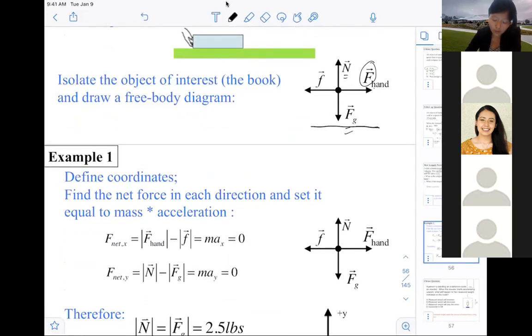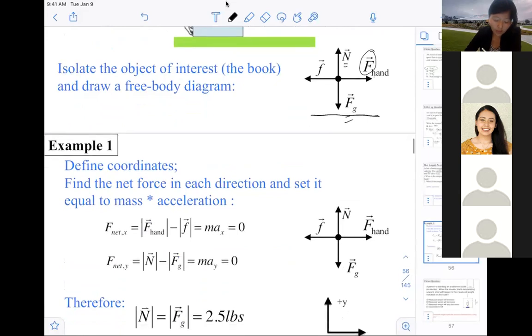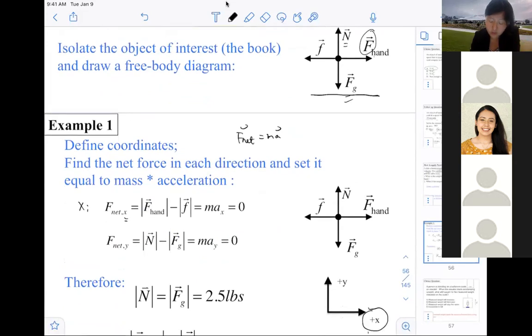For the force in the x direction, when you apply F net equals ma in the x direction, you add up all the forces in that direction. So if you define the positive direction to be the direction of the force from the hand, then you will write that as positive, and the friction would be negative.